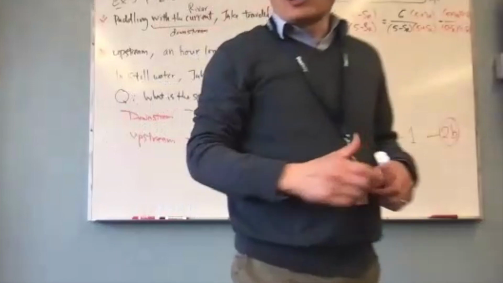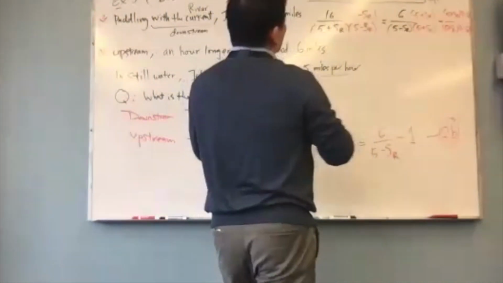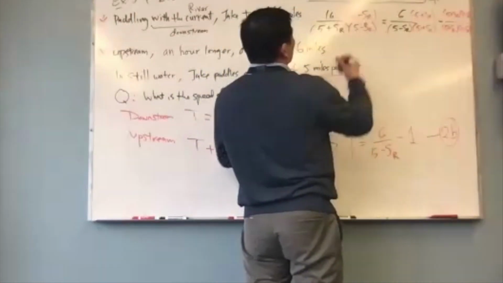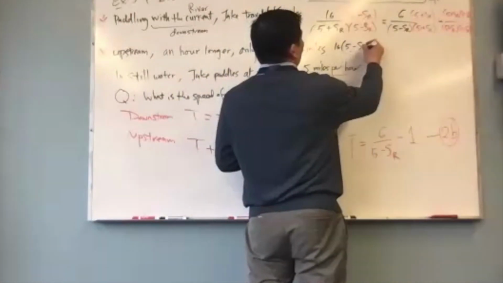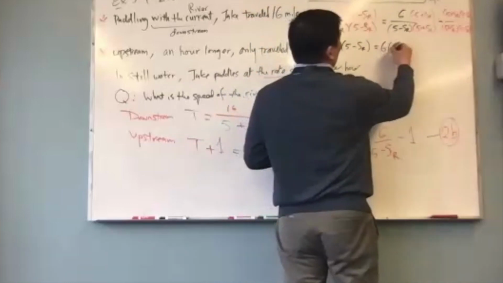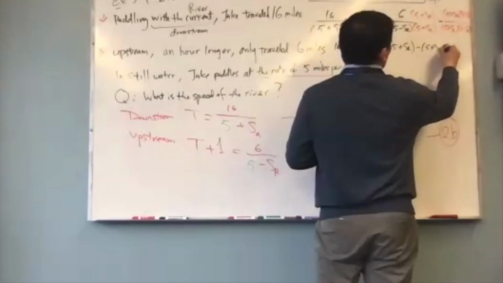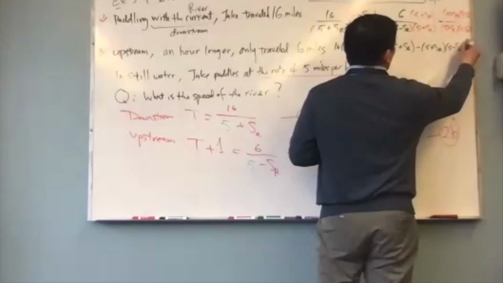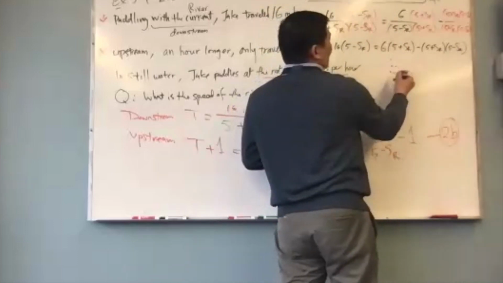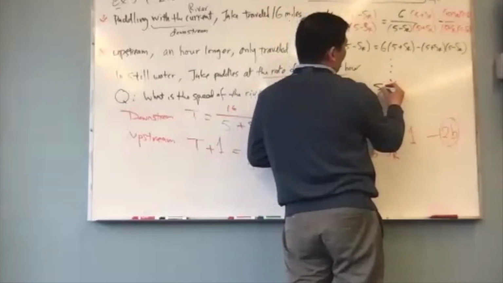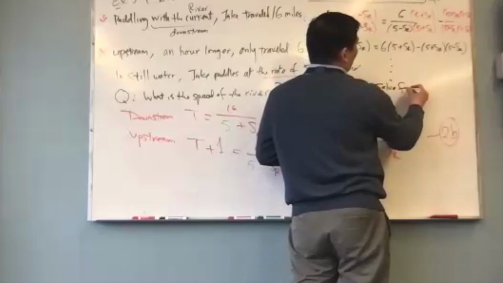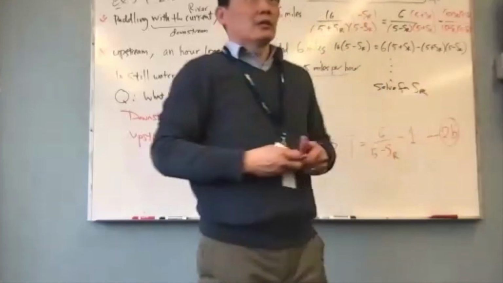On top, you've got 16 times 5 minus SR is equal to 6 times 5 plus SR minus 5 plus SR times 5 minus SR. When you solve this, you will solve for SR as our final answer. Okay, that's just a matter of algebra. Okay, have a great day.